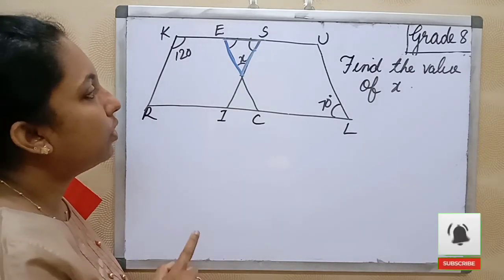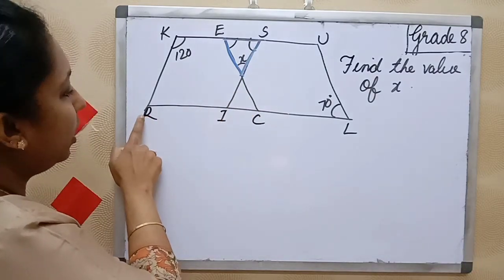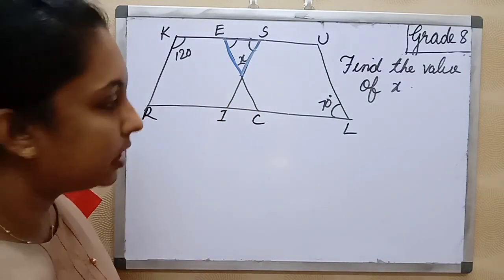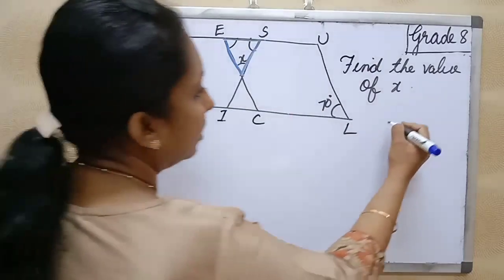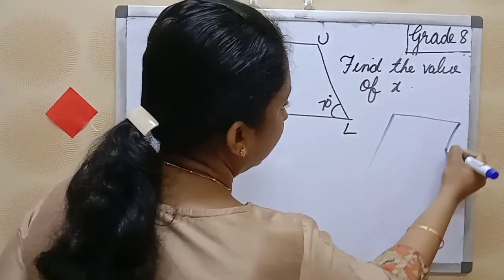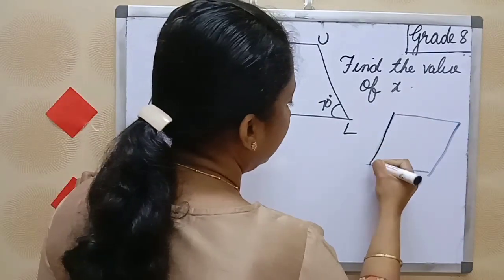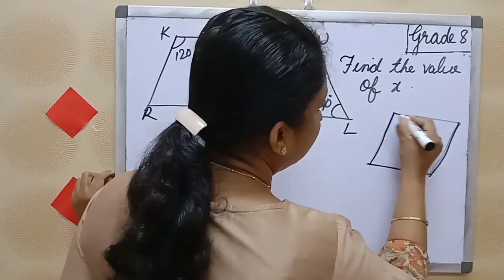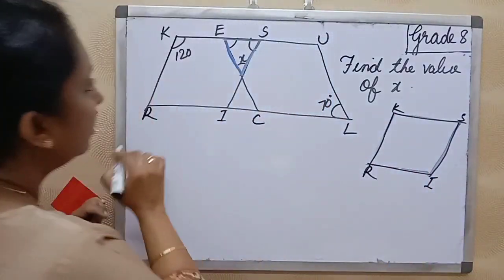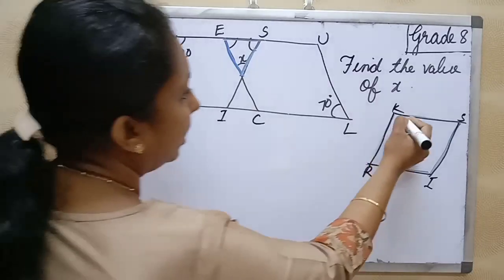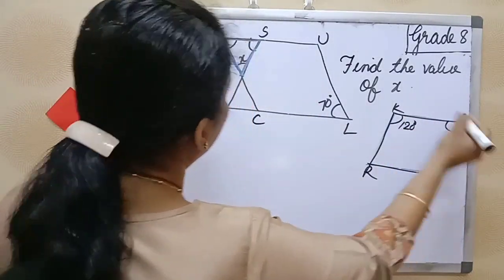So first you have to consider this as a parallelogram, parallelogram RISK. See this one. So K is 120 degrees.